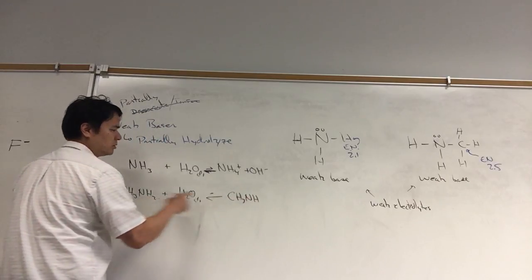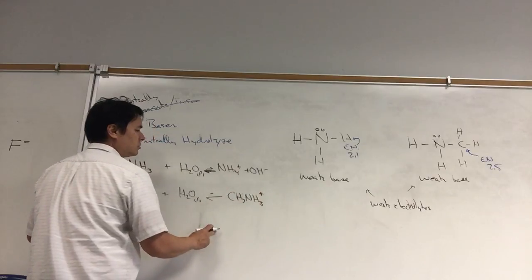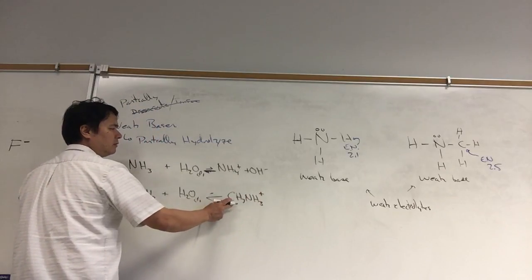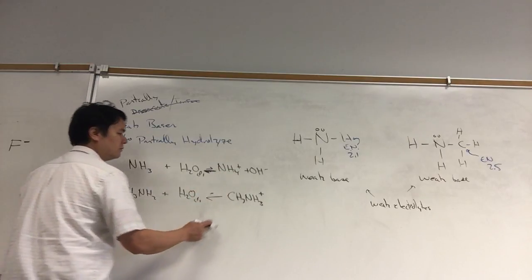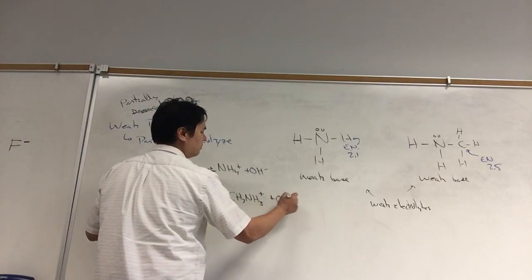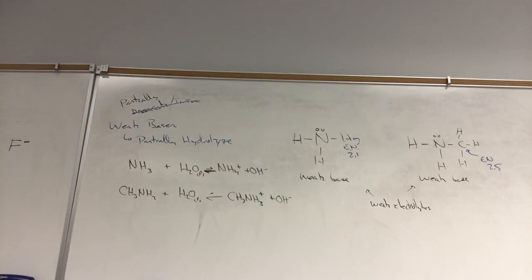We go from 2 to 3, so we add an extra hydrogen and a charge. And so we form the methylammonium ion. Methylammonium looks very similar to ammonium, it has 4 bonds to nitrogen. So we get methylammonium and hydroxide.